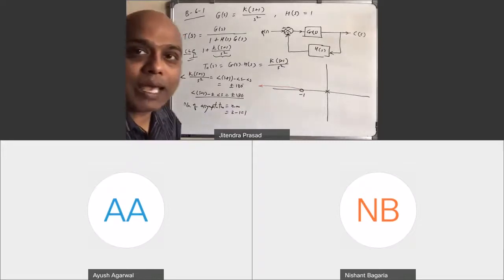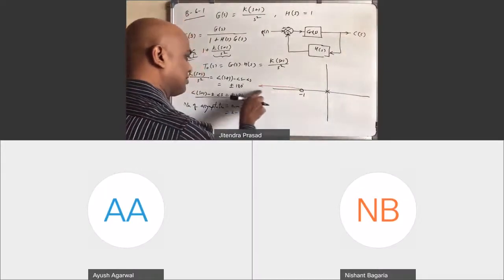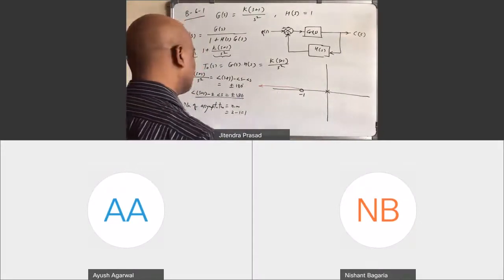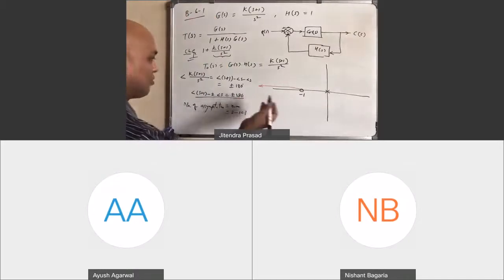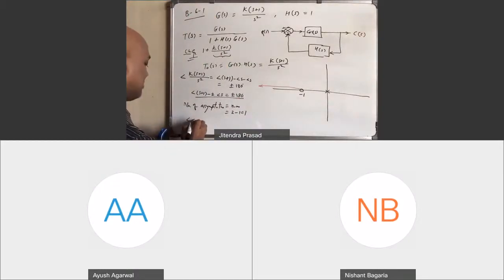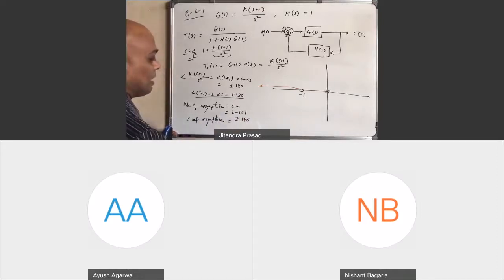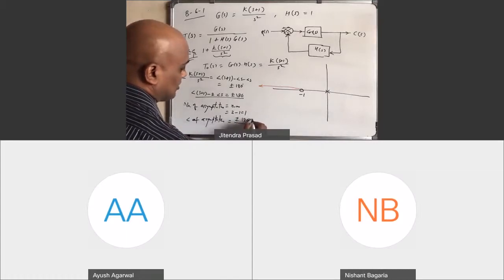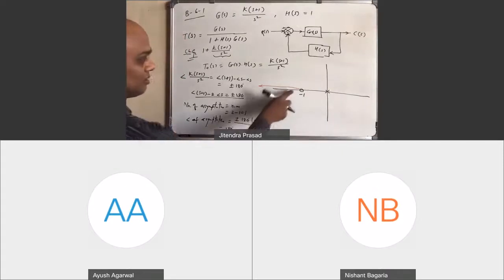That means it will have only one asymptote, and that's why this is going to infinity. This is the asymptote. The angle of asymptotes equals plus or minus 180 degrees times (2k plus 1) divided by n minus m, which is 1, so it will be equal to 180 degrees only. So this is what you get.